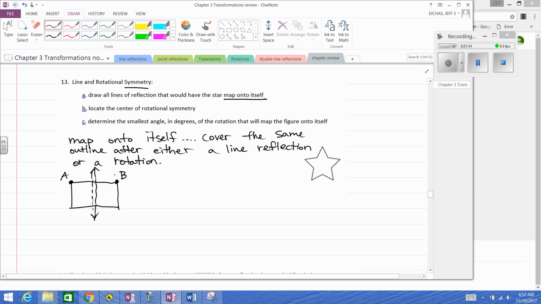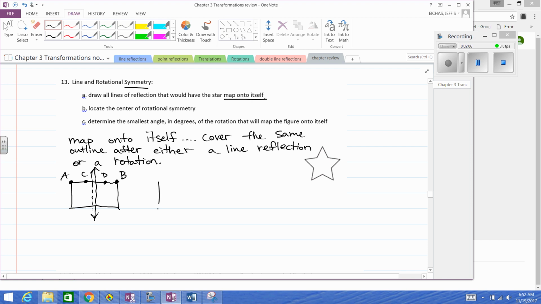B and A will basically switch spots. Same with this point right here on the figure. Okay? If we call that C and D, C and D will switch locations. But every point on one side has a match on the other. That gives us line symmetry, or a line reflection that would map it onto itself.